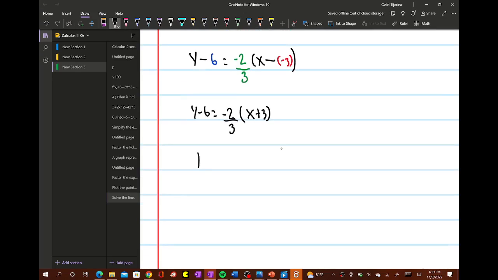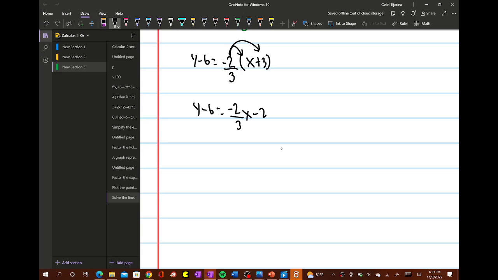So y minus 6 equals, and we do the distributive property: -2/3 x, and the 3 cancels out, so it'll be -2.